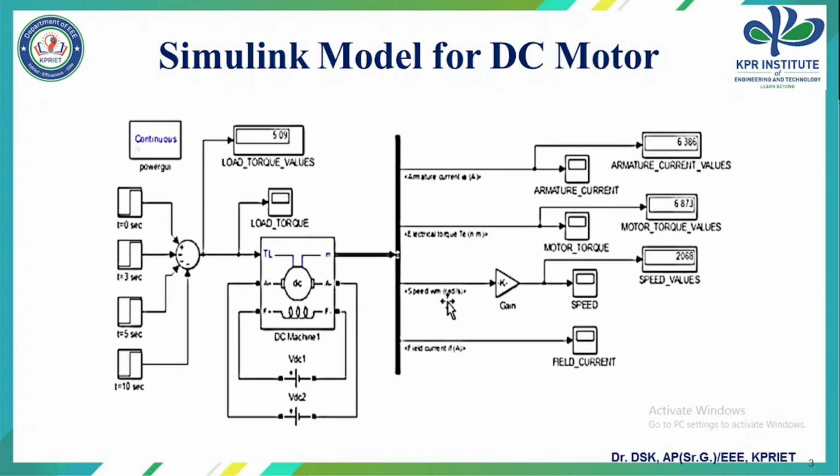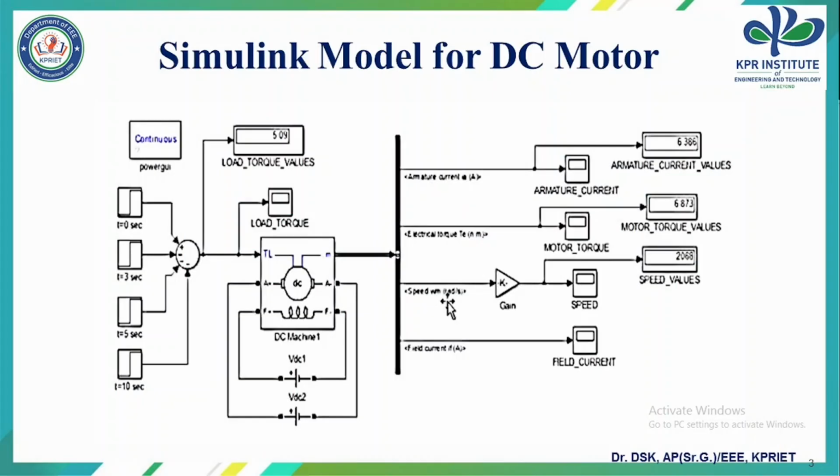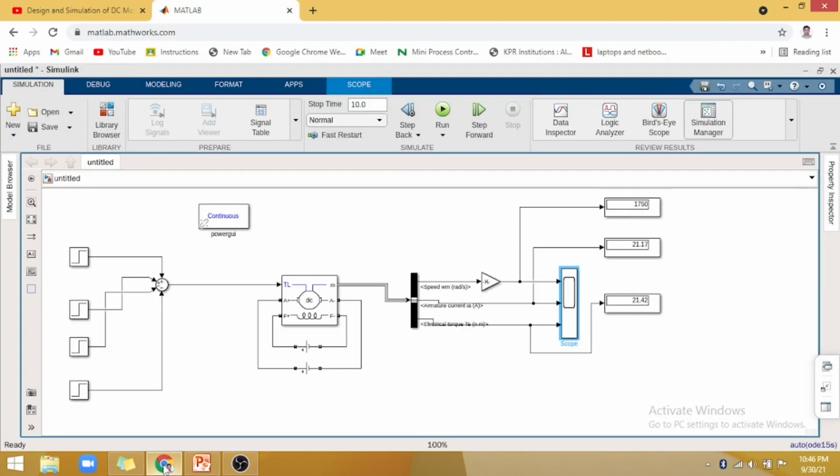And we have used display units in order to display the armature current parameter, the motor output torque as well as the speed of the DC motor. Now we will see how to simulate a DC motor.